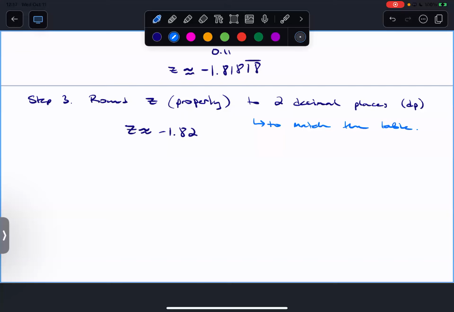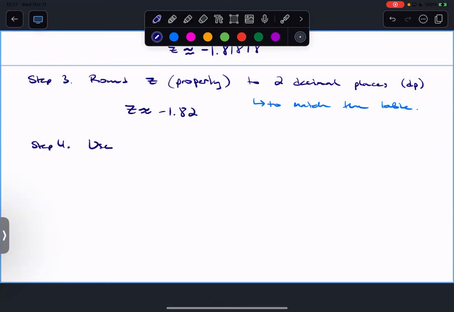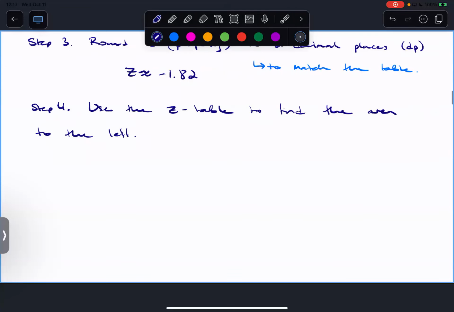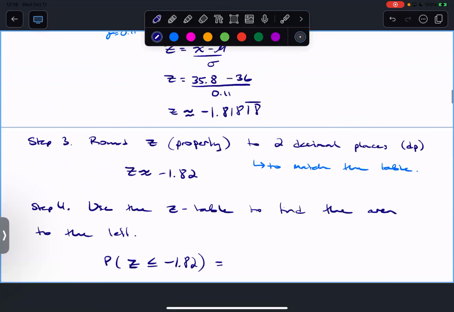And now, step 4, use the Z table to find the area to the left. So what we're finding is the probability that Z is less than or equal to negative 1.82 from the table.